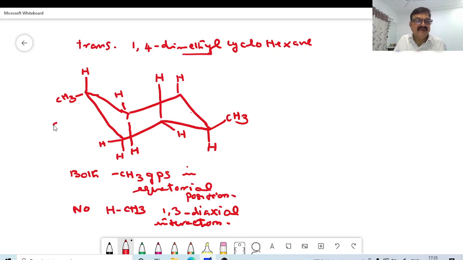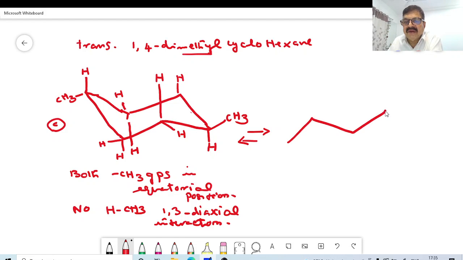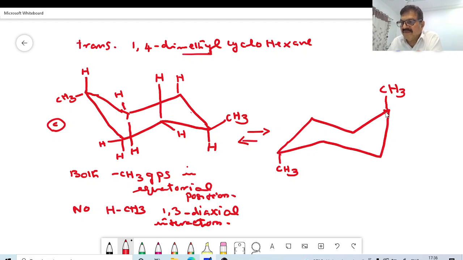This is conformation number C. We have seen A, B, C. Now ring flipping. Here it will be interesting for you. What will be the nature of the interactions here? In ring flipping, the equatorial methyl groups become axial methyl groups. We know that. So this methyl will become axial here. Axial methyl always creates a stability problem. We have seen that.